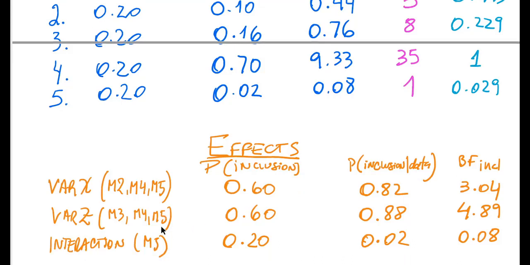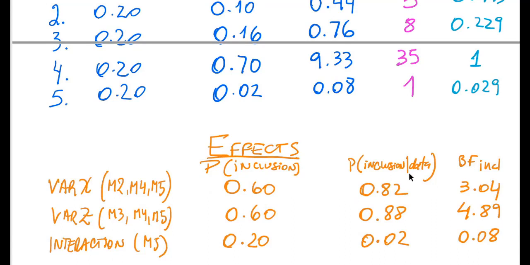Variable z is present in models 3, 4, and 5, so the prior probability of inclusion of variable z is 0.6 before observing the data. The probability for the interaction effect is 0.20 because the interaction appears only in one of the models.